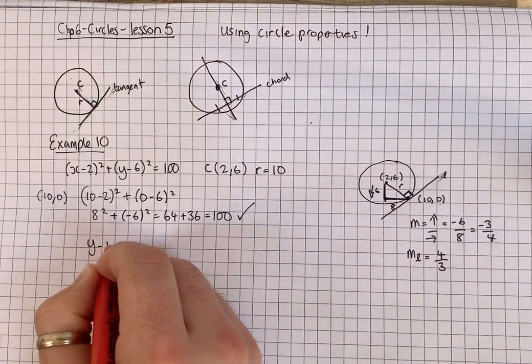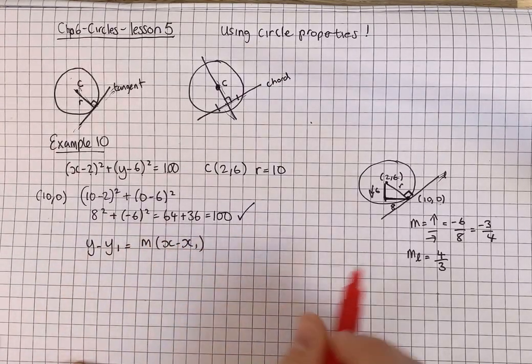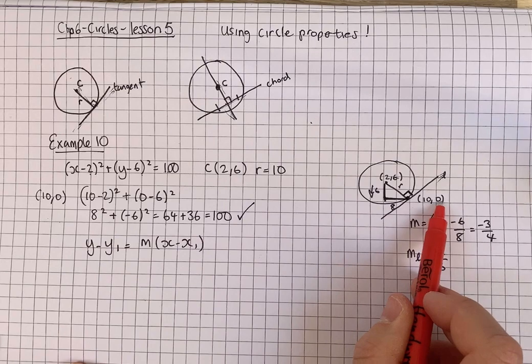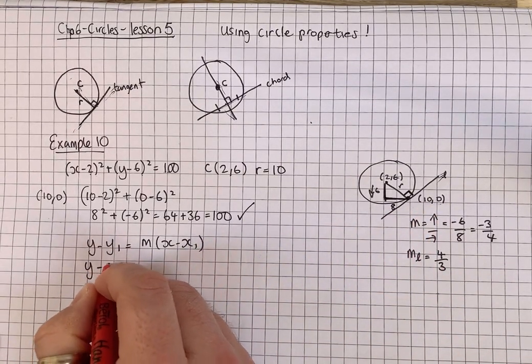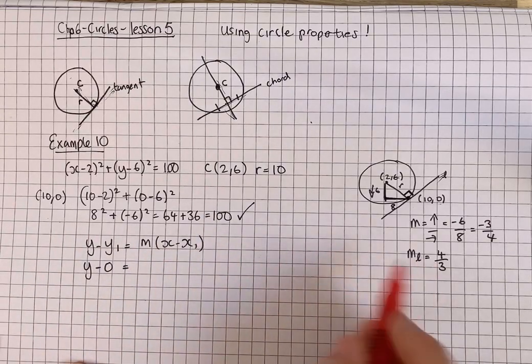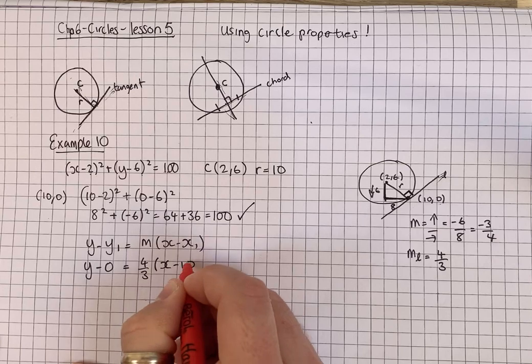So use the equation y - y1 = m(x - x1). y1 is here, x1 is here, the point on the line. y - 0 = the gradient, which is 4/3, (x - 10).